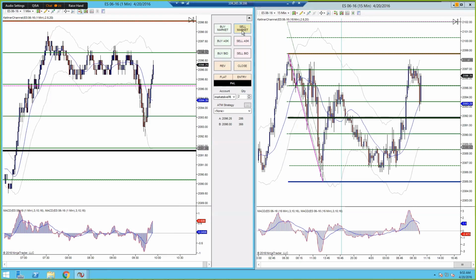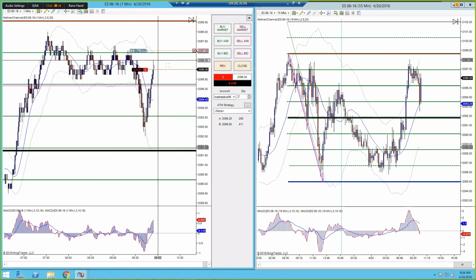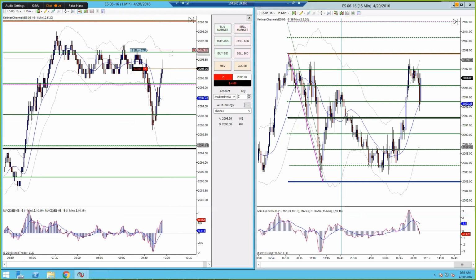I'm going to short them again up in here, guys. Going to sell them again up there. 97 stop, 1 point. 97 stops. Let's see if they can turn back down. If not, walk away.